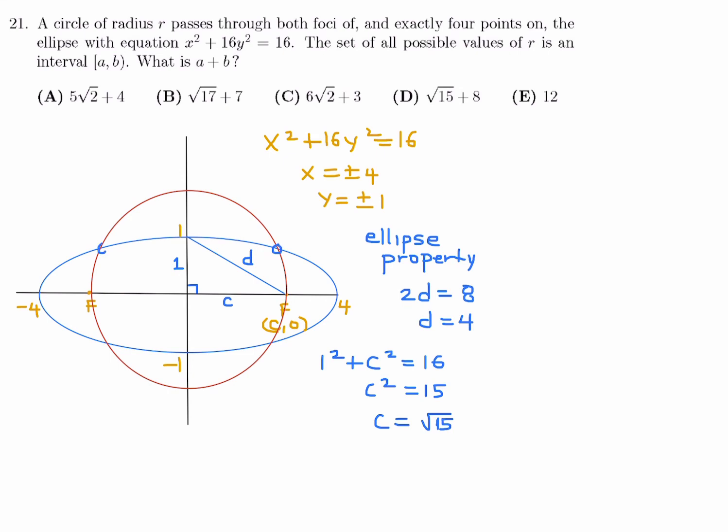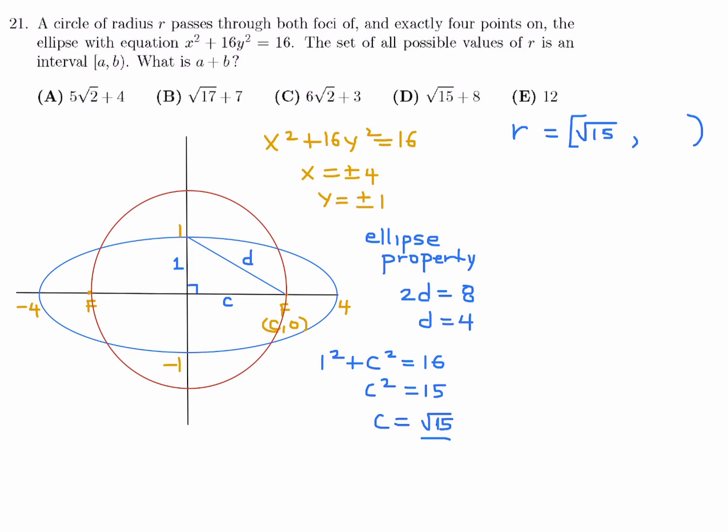So 1 point, 2 points, 3 points, and 4 points. That matches. And what is the radius of this? The radius is from here to here, which is C, and C is root 15. So r can be root 15. That's part of the interval.